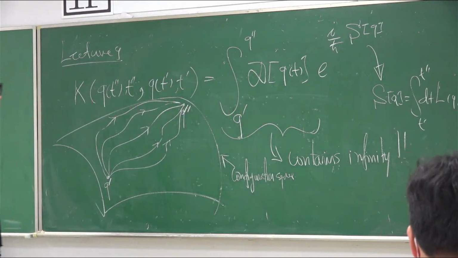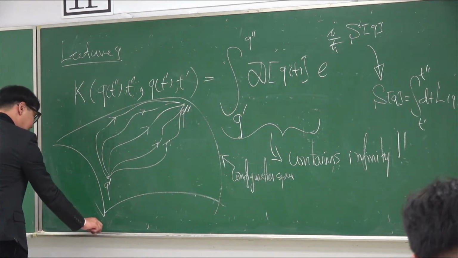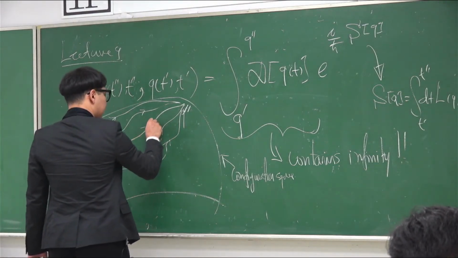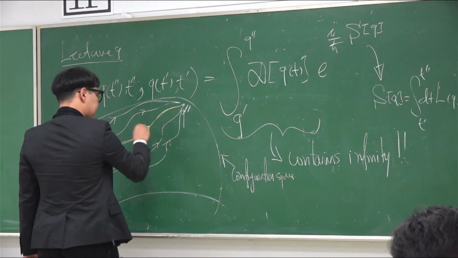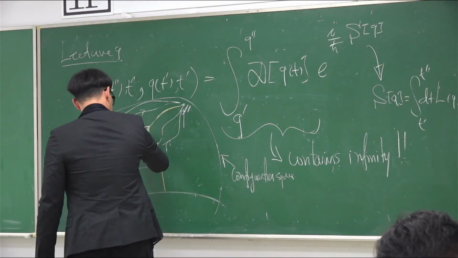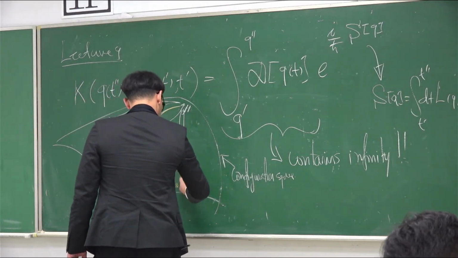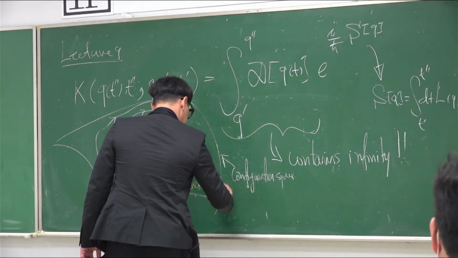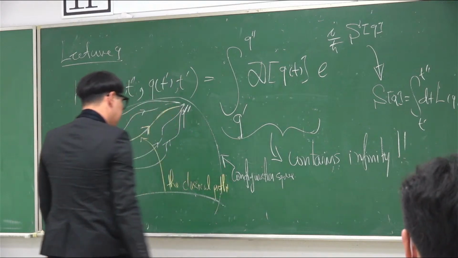And as I mentioned last time, the classical path is one of them. Suppose this is the classical path, right?